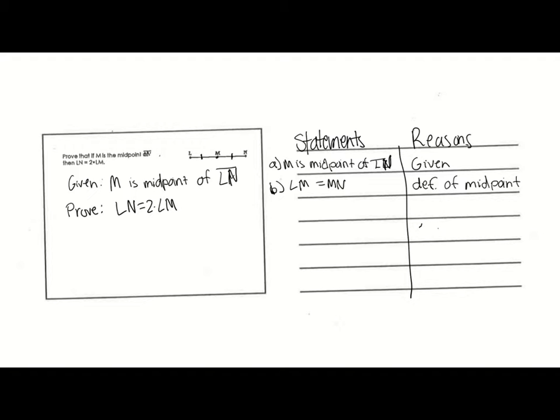Okay, so if LM equals MN, we also know that our whole line segment, LN, is equal to those two pieces added together. We have LM plus MN.